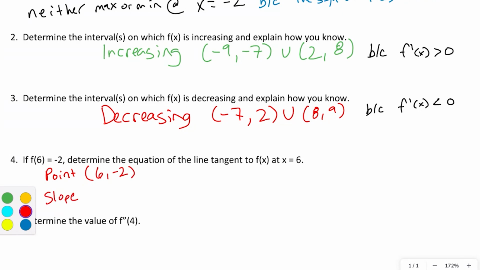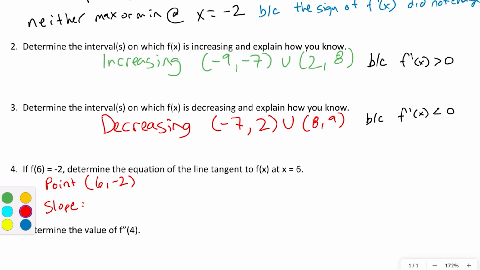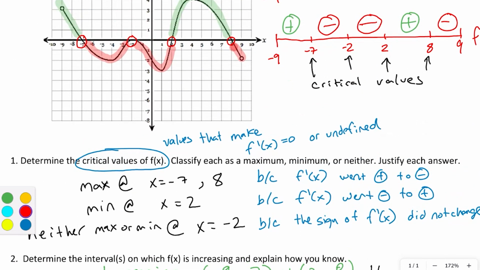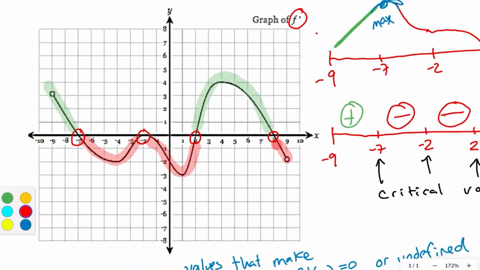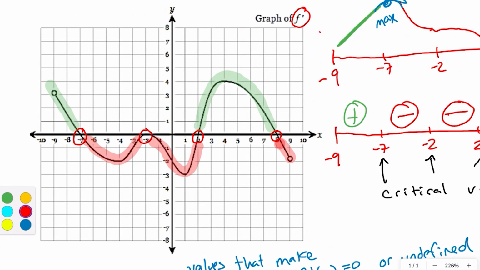But what's the slope at x equals 6? So let's go back up to this graph. Okay, so again, this is the graph of f prime, not the graph of f. So if I want to know the slope of f when x is 6, I'm going to look at where x is 6 and report back the y value of the derivative.